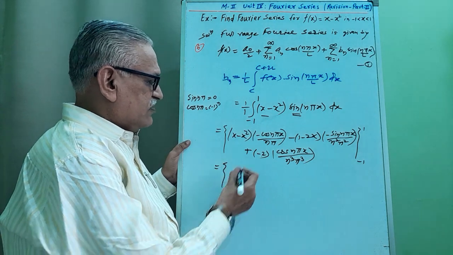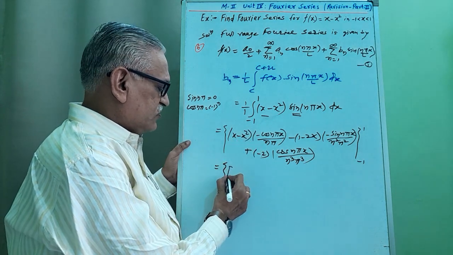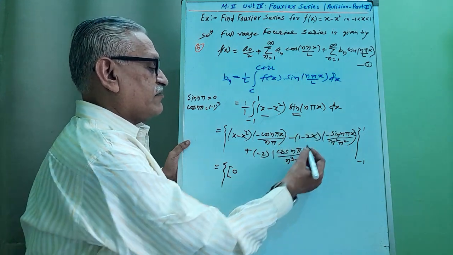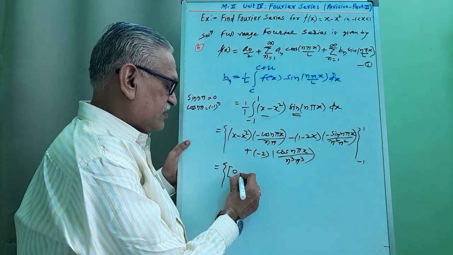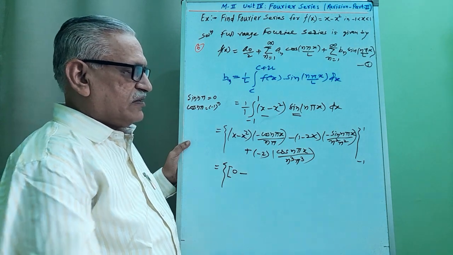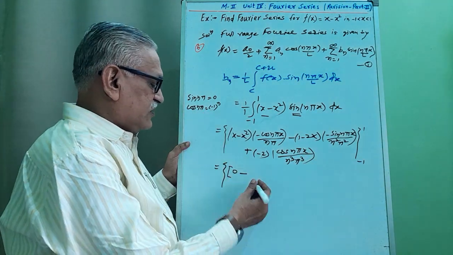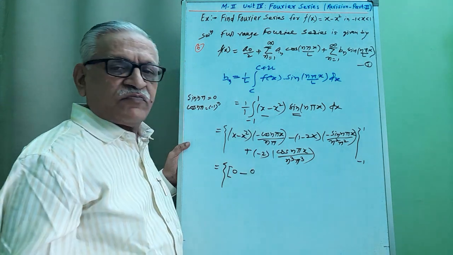Substituting the values, 1 minus 1 we get 0, minus minus, and 1 minus 2 again minus, 3 times minus sine of n pi, the value of sine n pi is 0, therefore that second term is also 0.